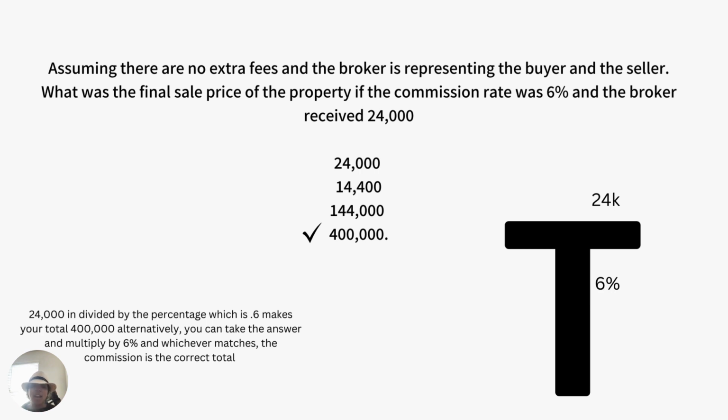Again, like any other problem, alternatively, you could have taken the answer choices and multiplied them all by 6%. So 400,000 times 6% is going to give you the $24,000.